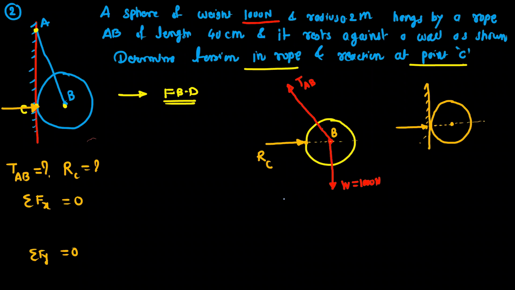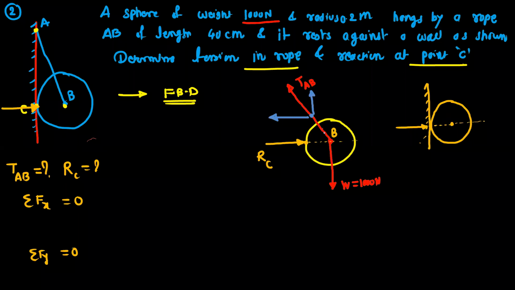So we have to resolve only one force because reaction RC is exactly in the horizontal direction. It is passing through the point B. Okay, and the weight W in the y direction. So just resolve the tension AB. So I will select the point on the line of action. So this is the x component and this is the y component.